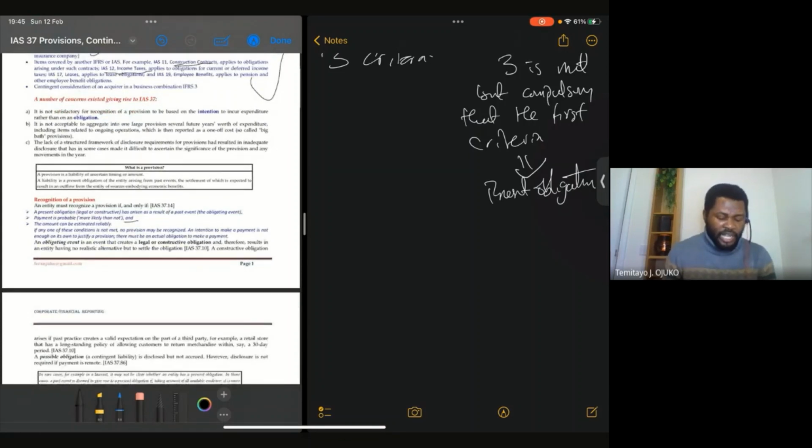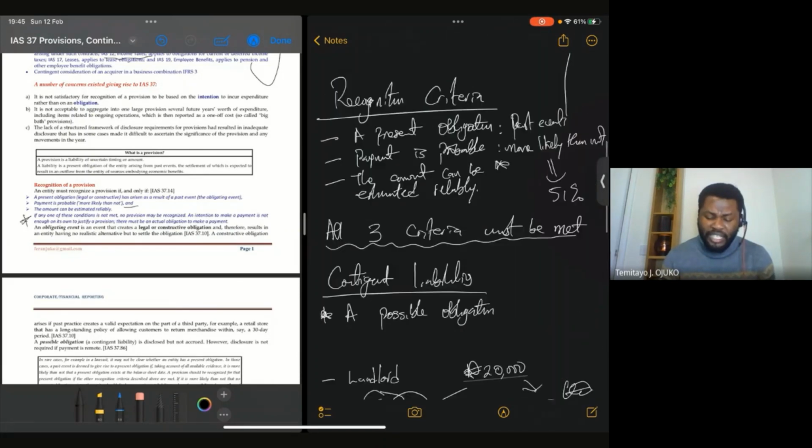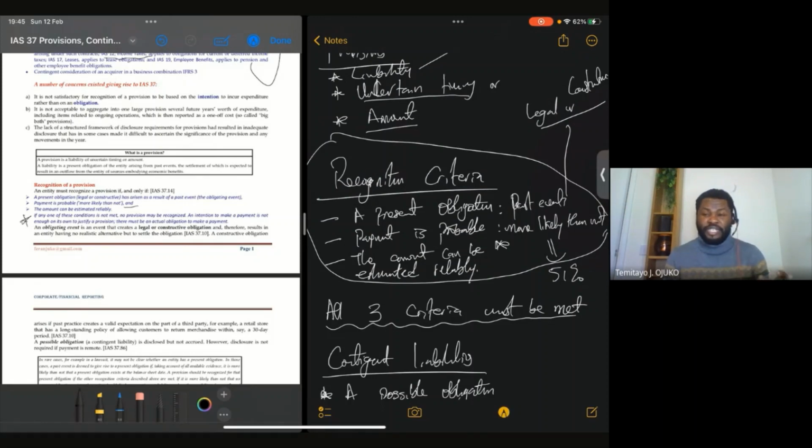Now, let's look at the obligating event. First, I think I've read this, but let me reiterate. If any of these conditions is not met, no provision should be recognized. So if any of the three criteria are not met, as I said earlier, you are not to recognize a provision.